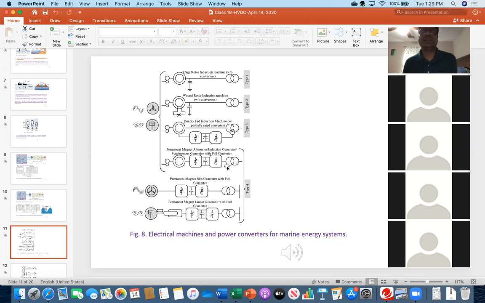Even this could be an induction generator type, a permanent magnet synchronous generator, or even induction generator based. So in the case of an ocean energy system, the conventional induction generator is also called the type 4. So this structure you already know, so there is not that much new information.